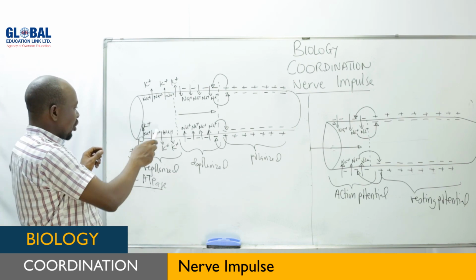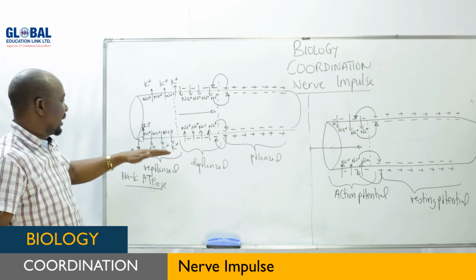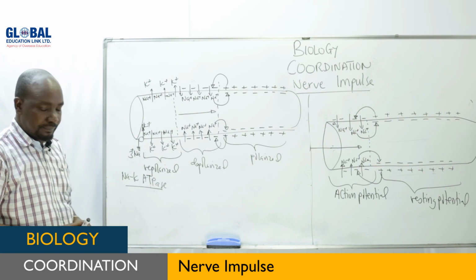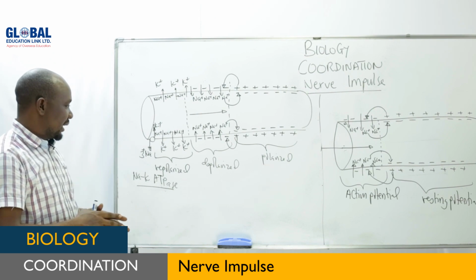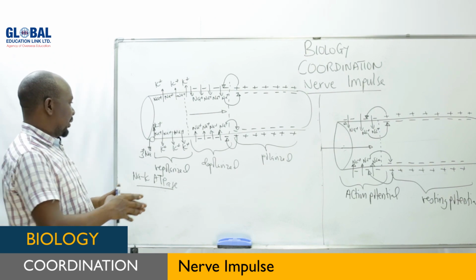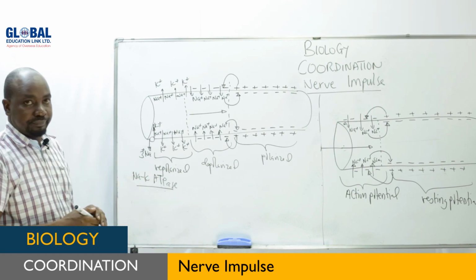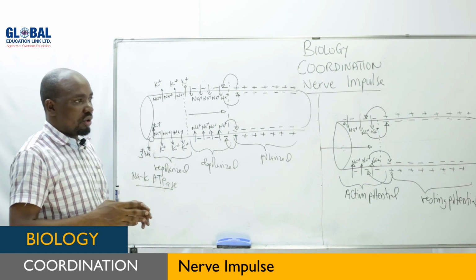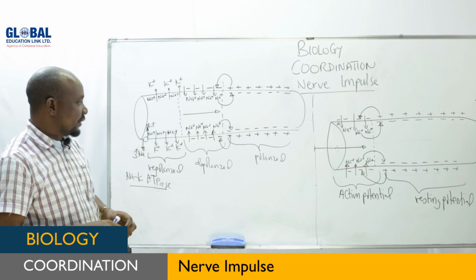At the end, all the sodium ions will be outside and all the potassium inside. And after the repolarization, the membrane now becomes polarized. So that is how the transmission of the nerve impulses takes place.